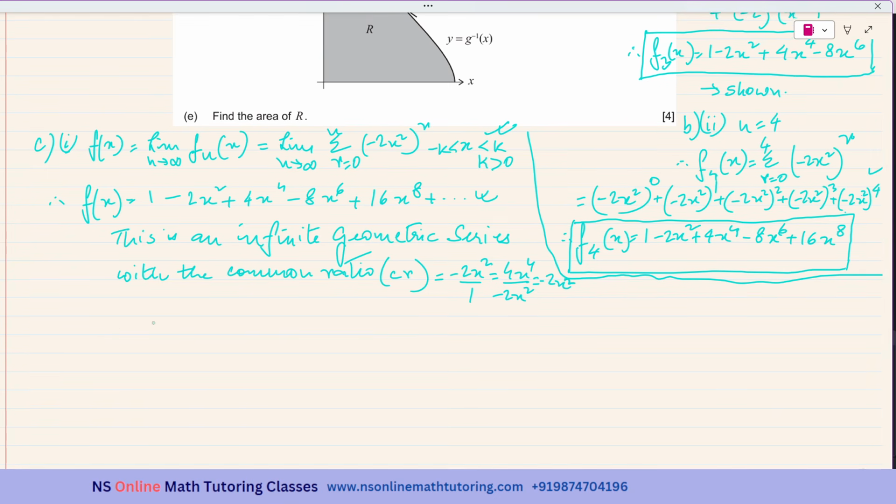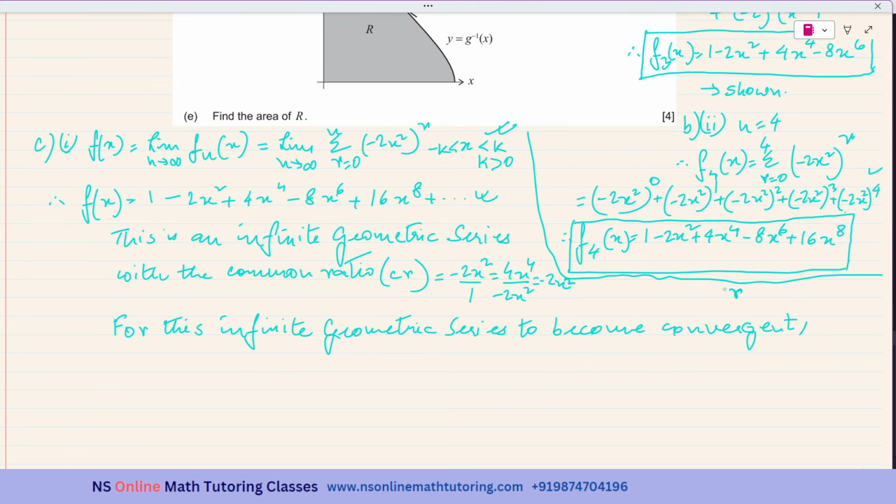So for this infinite geometric series to become convergent, what is the criterion that has to be satisfied?